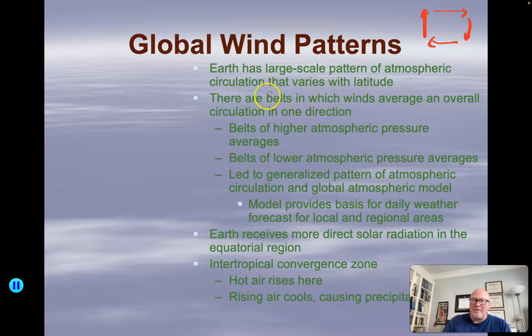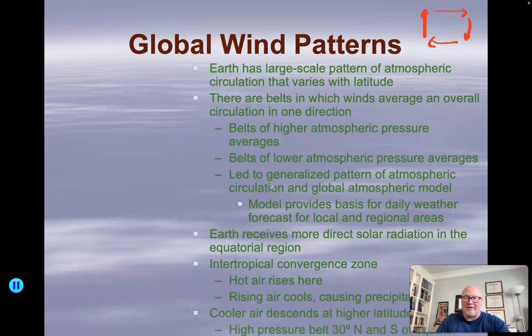So there are belts where winds average an overall circulation in one direction, and these belts of higher atmospheric pressure, that's what's going on here. So we have belts of lower atmospheric pressure around the world, and this leads to generalized atmospheric circulation. And so this gives us a model that we can follow when we're looking at overall global wind patterns.